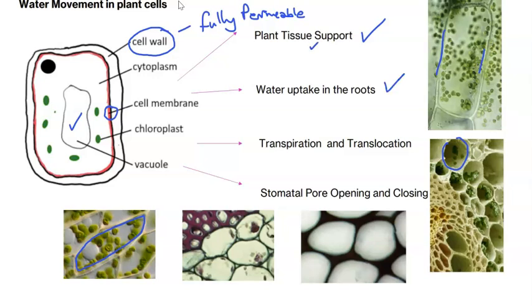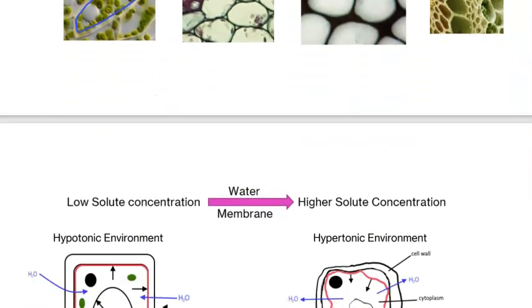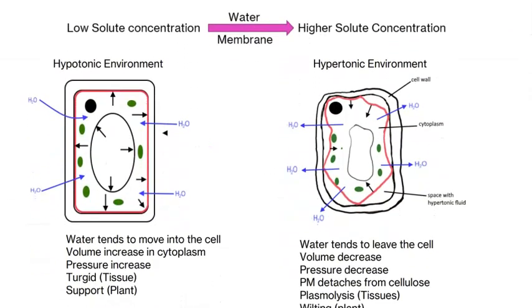The movement of water in roots, the uptake of water and transport to the leaves, the movement of sap around the plants, and the opening and closing of stomatal pores. There are other aspects that are important, but those are some of the ones that we're going to encounter quickly on this course.